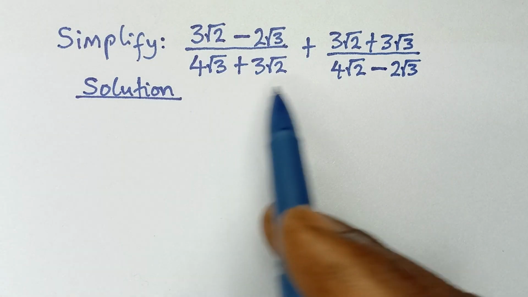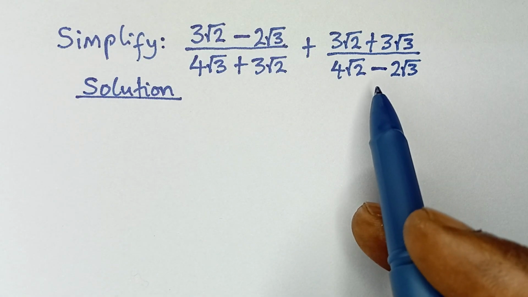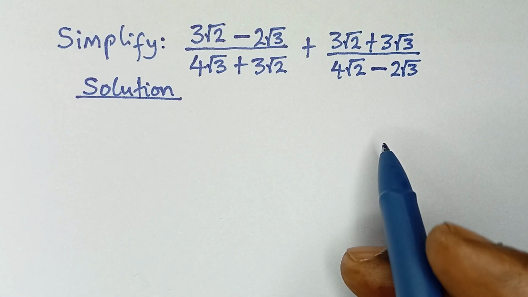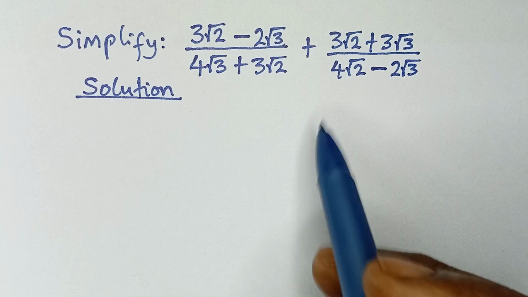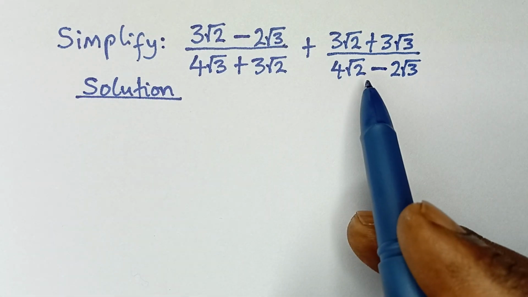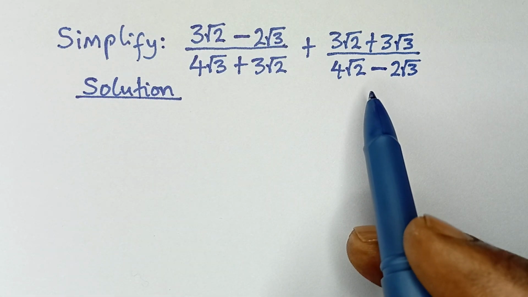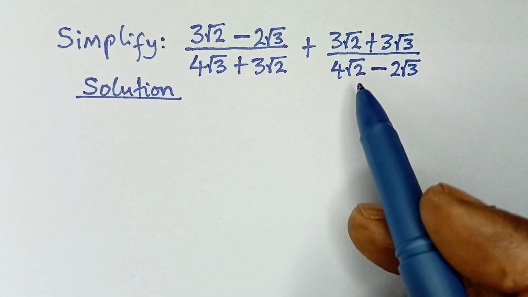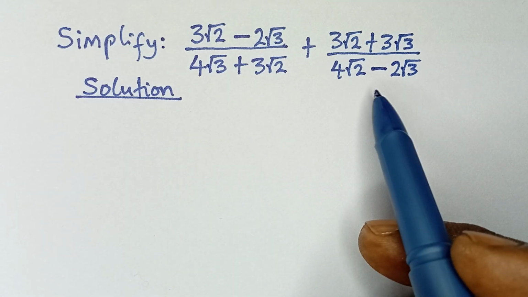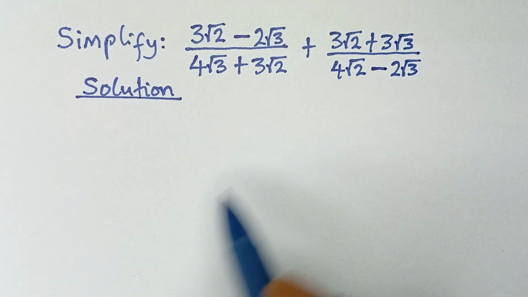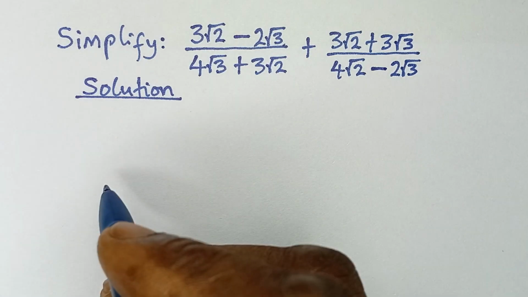Now we have this system of surds here to simplify. So what we are going to do is to take the LCM of the denominators, this and this, and a way of taking this LCM is just to multiply the two terms that we have there.